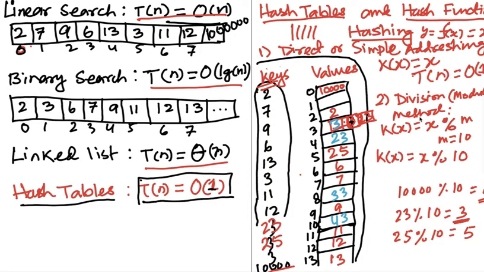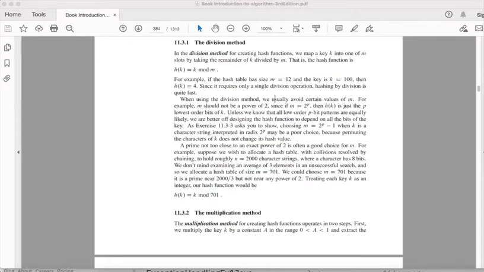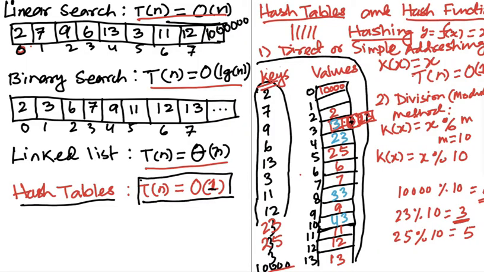Okay, now let us see the book. So this is the division method. In the book it is written as h of k, so don't be confused.